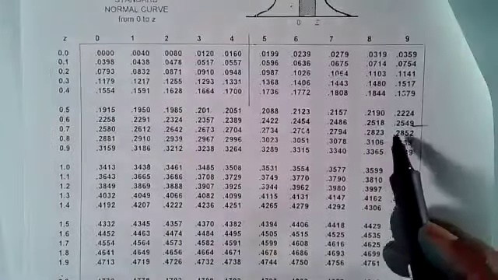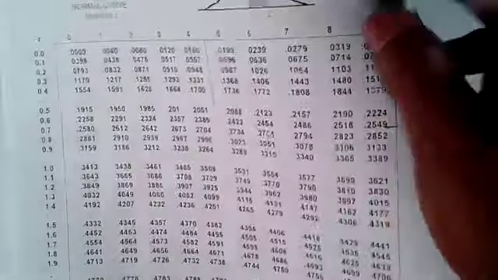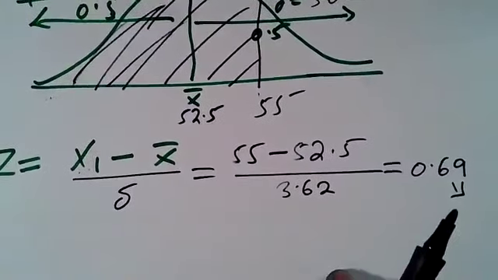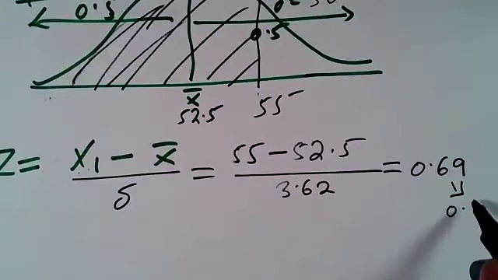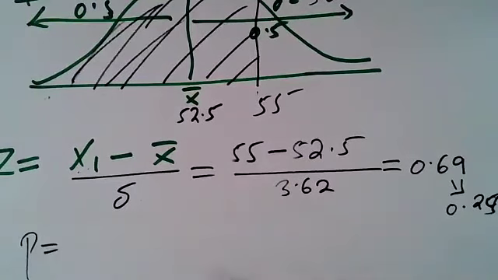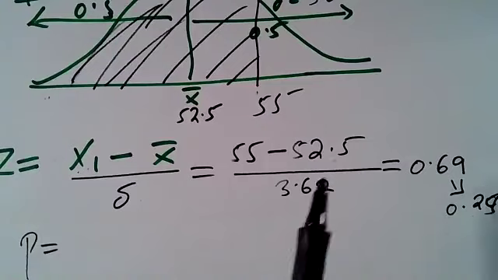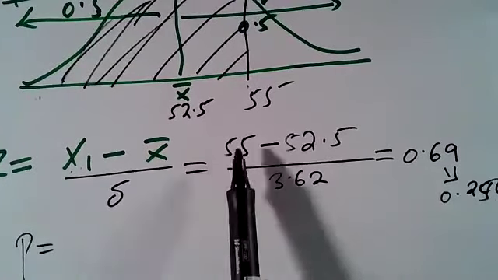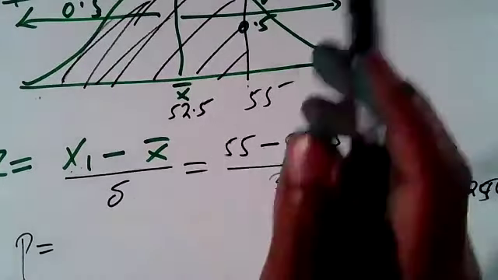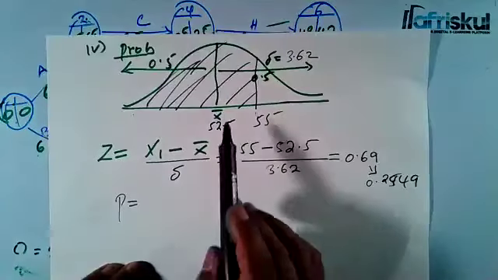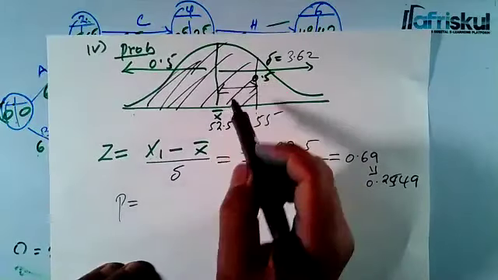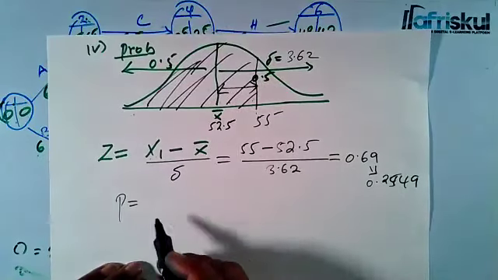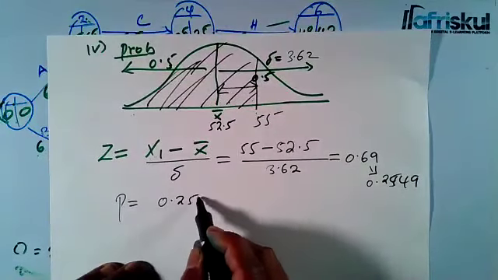Now to get the probability, this is what you do. What you have gotten here, 0.2549, is only the probability between 55 and 52.5.